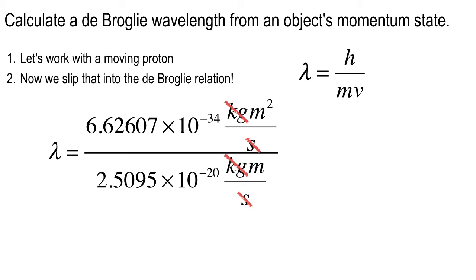So my secret technique of turning a joule second into a kilogram meter squared per second is nice. And look, I've got meter squared on top, meter in the denominator. So I cancel the meter in the denominator and one of the powers of meter in the numerator. I still have one though. So I've still got meters in the numerator for units. And that's good.